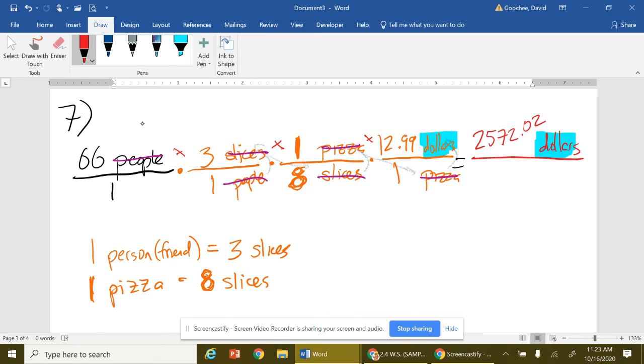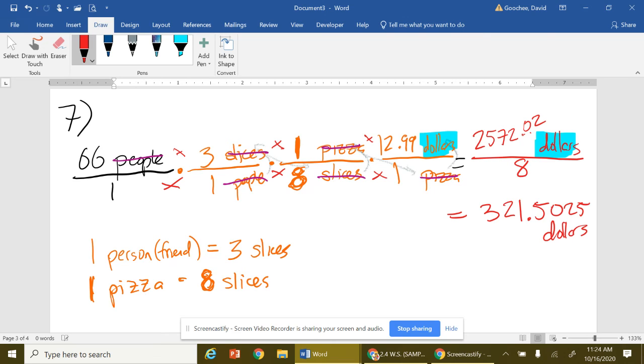That seems like a lot, but across the bottom, 1 times 1 times 8 times 1, well, that's just 8. All right, so we got to simplify this. 2,572.02 divided by 8, we get 321.5025. Okay, good, dollars.